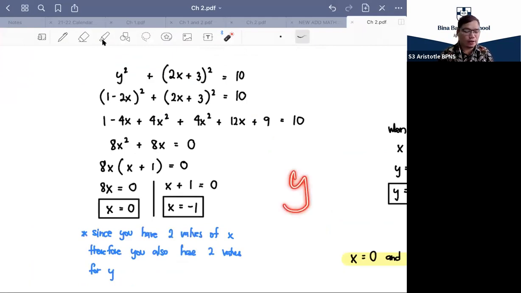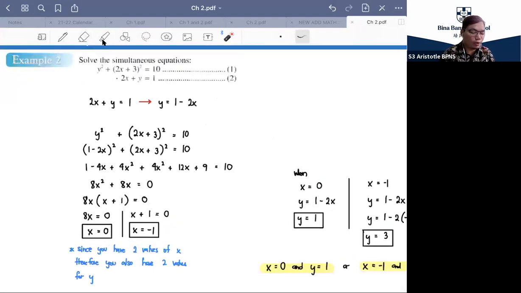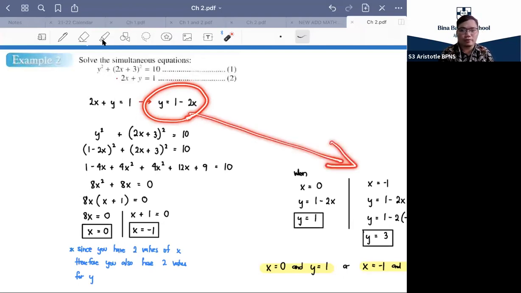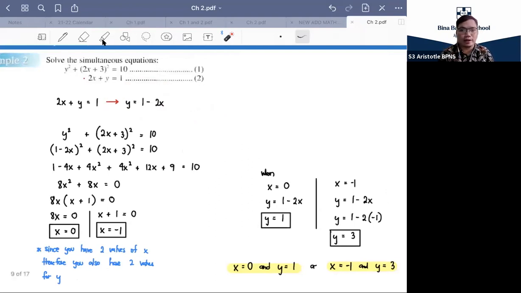For the values of y, we go back to the other equation, where we made y equal to 1 minus 2x. I'll use that to solve for y. Again, you need to do it twice because you have two values of x: when x is 0 and when x is -1.